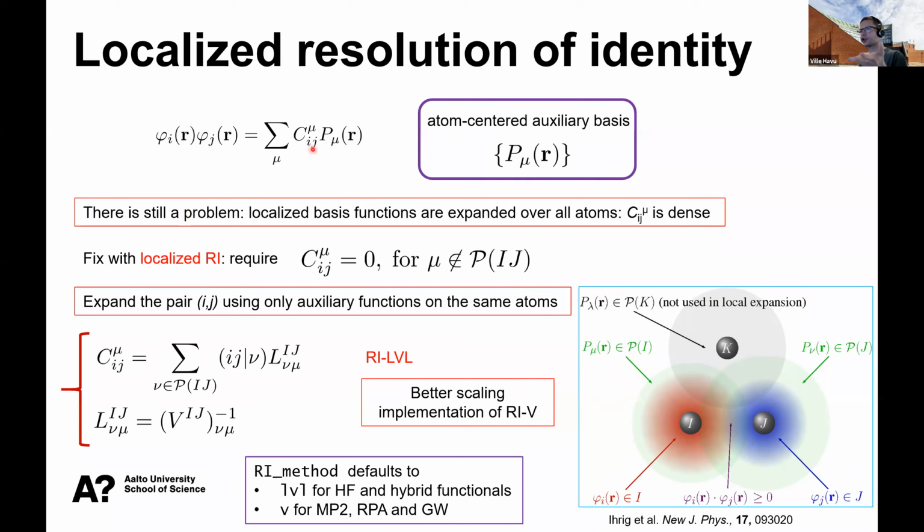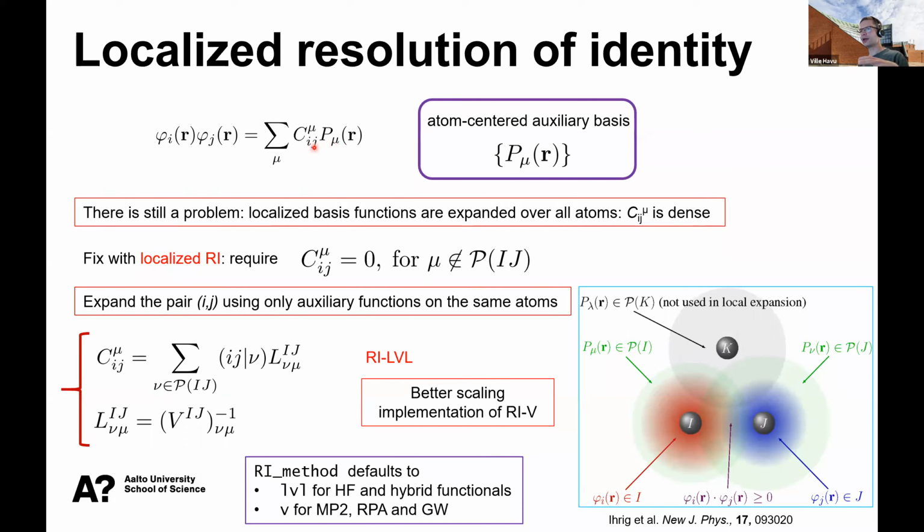Now, when you do an expansion like that, you remember in AIMS, all the basis functions are localized, or are actually tied to an atomic center. Now the expansion has no idea of the atomic centers. Well, it has, but the P's, the atom-centered auxiliary bases, are defined on all the atoms.